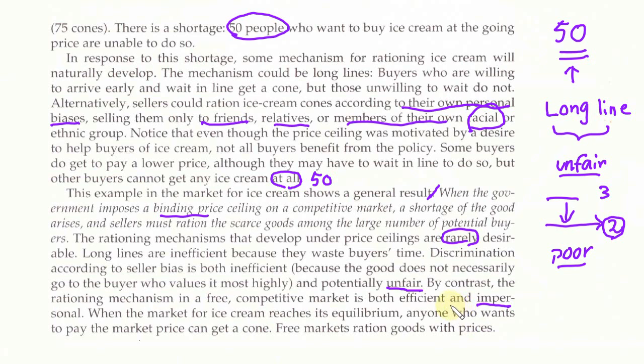When the market for ice cream reaches equilibrium, anyone who wants to pay the market price can get a cone, right? Okay. The free market rations the good with the price. Okay, this is the explanation of the phenomena which can happen with price ceilings.